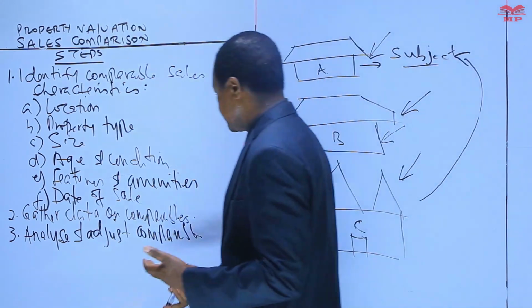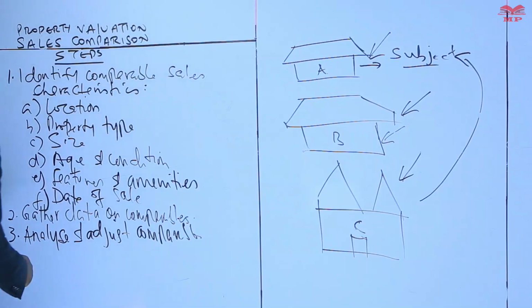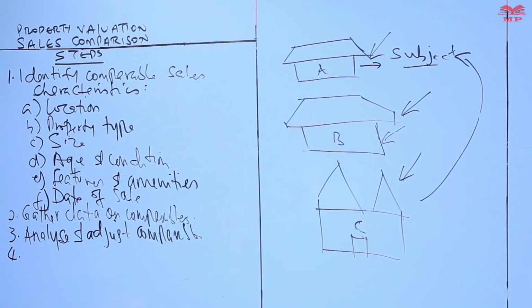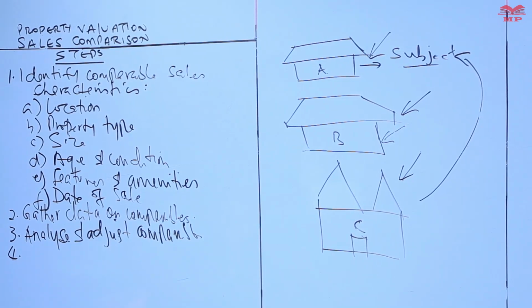Analyze and adjust comparables. Step 4, the fourth step is to reconcile adjusted values.